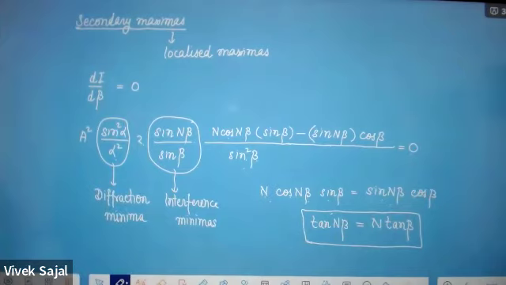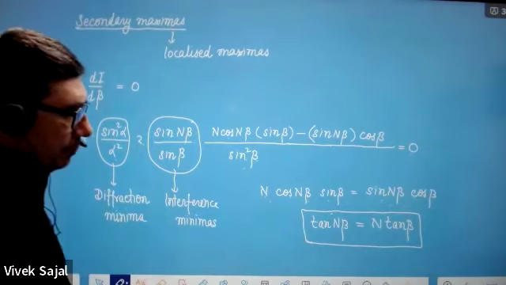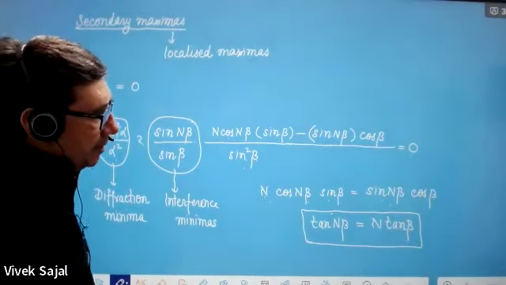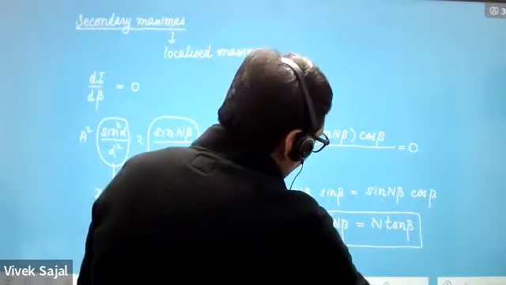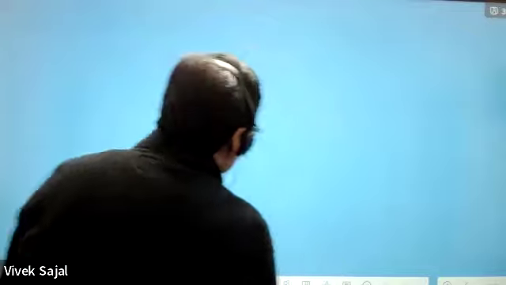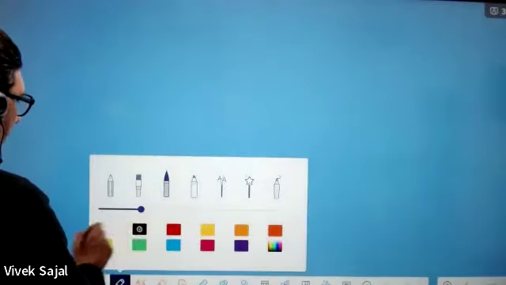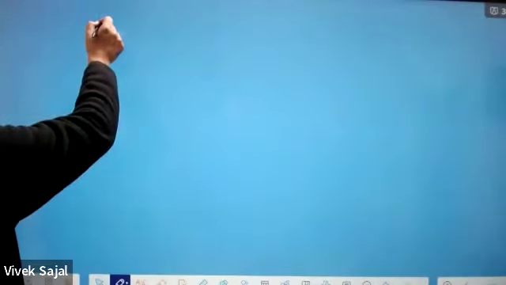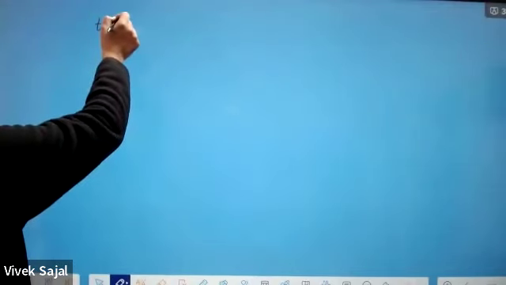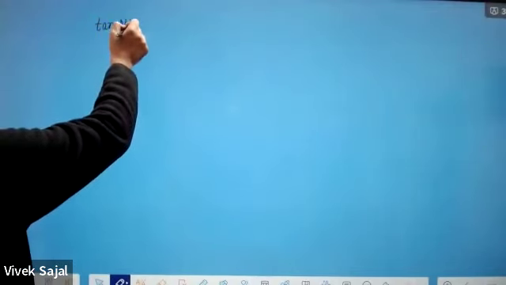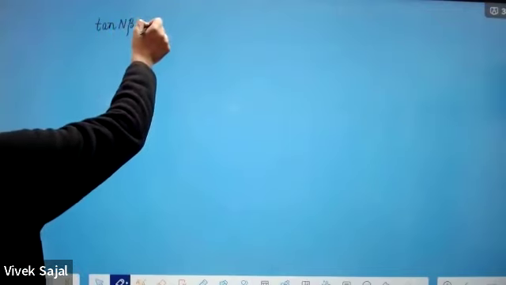This is the condition of secondary maxima. Now, tan n beta equal to n tan beta.